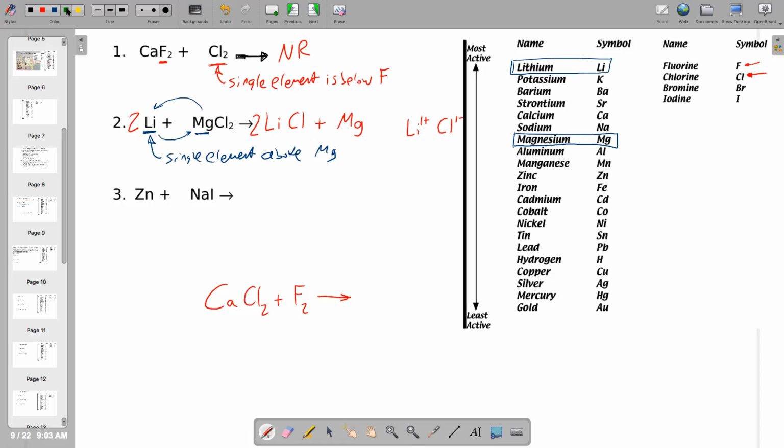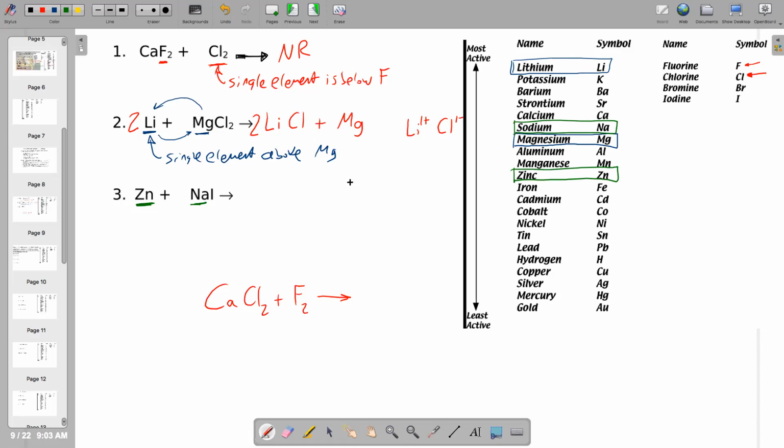All right, then number 3. Here's the element that's by itself, zinc. So here's zinc. Then look to see what it could replace. The other thing in that column is sodium. Na is sodium.